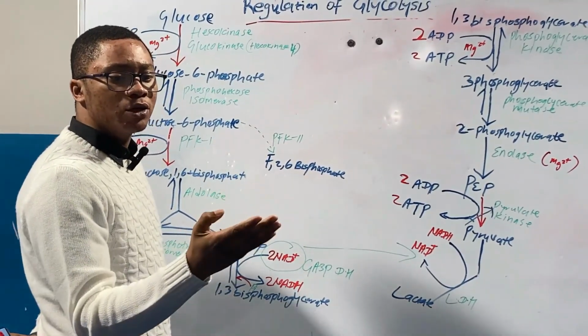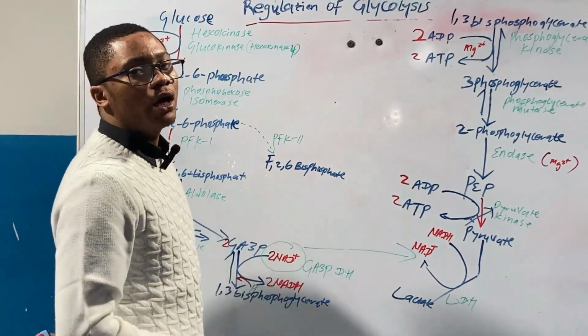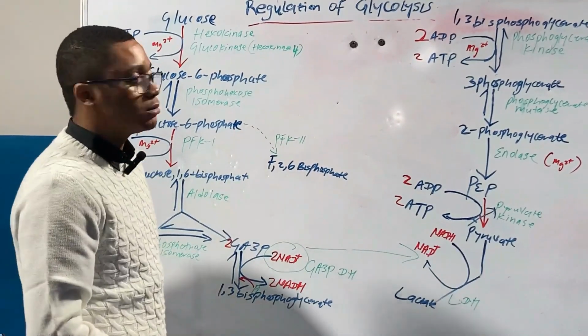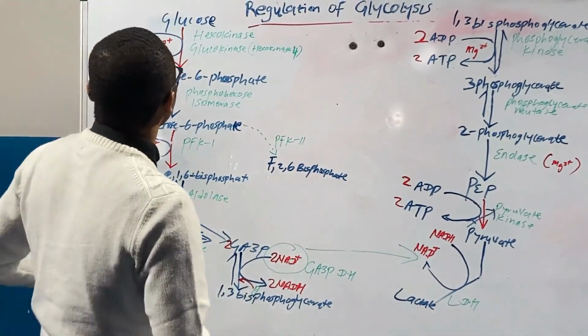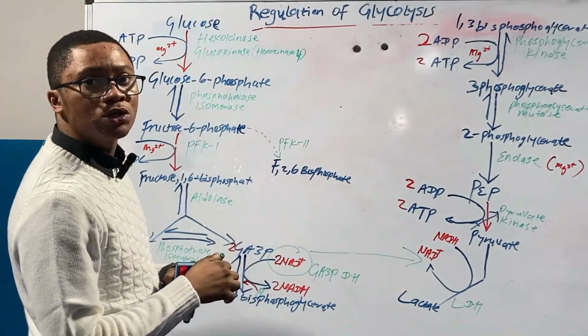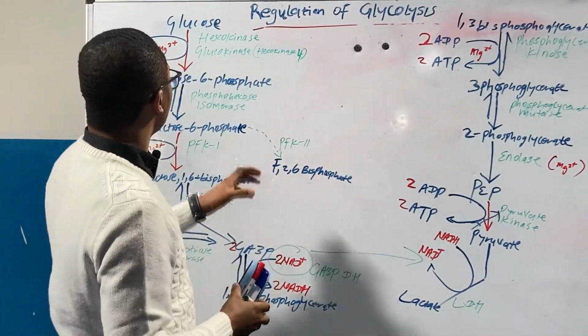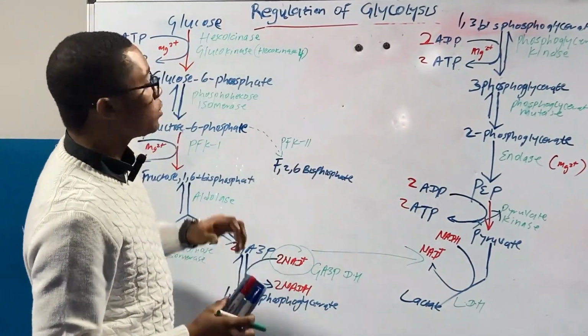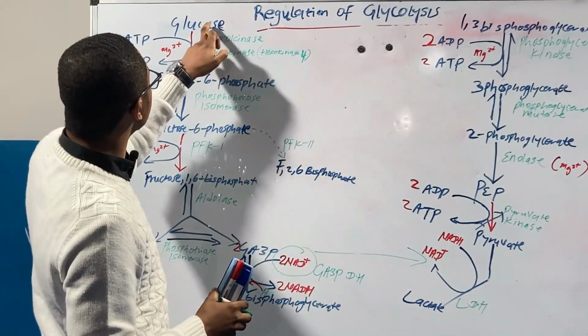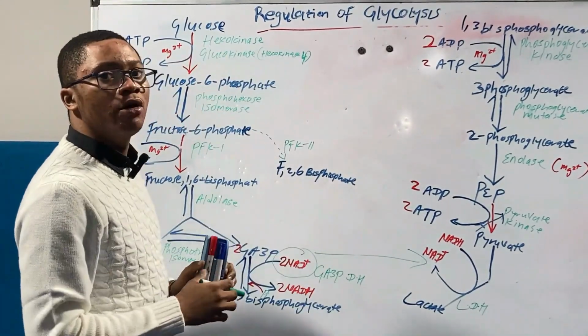Hormonal regulation has to do with insulin and glucagon, and how they affect these enzymes. When the level of glucose in the human body increases, this glucose stimulates hexokinase to phosphorylate glucose into glucose phosphate.